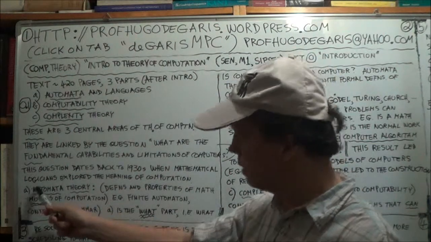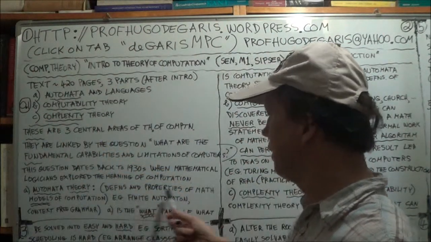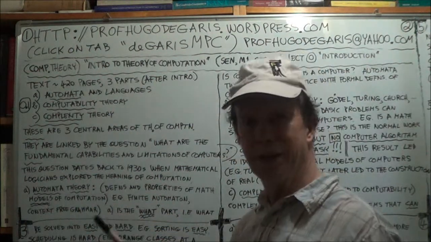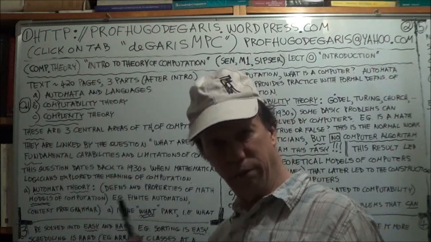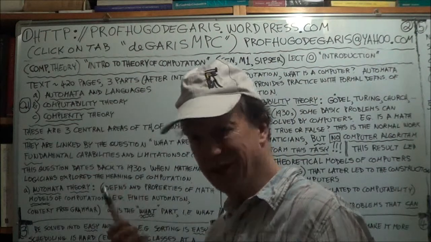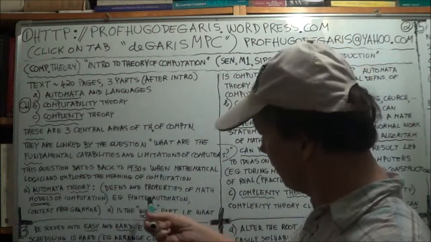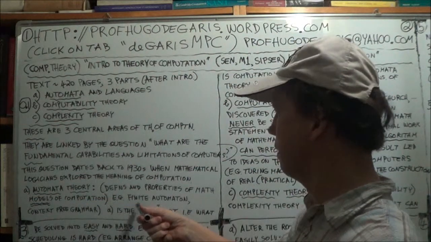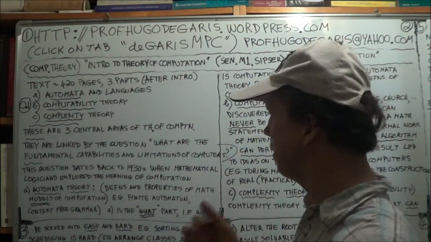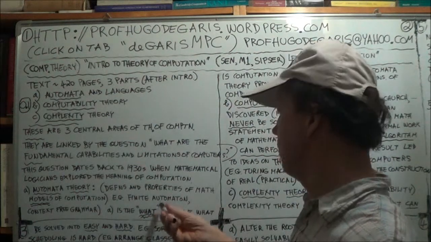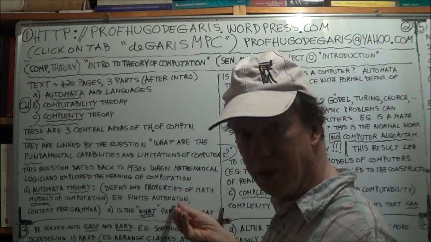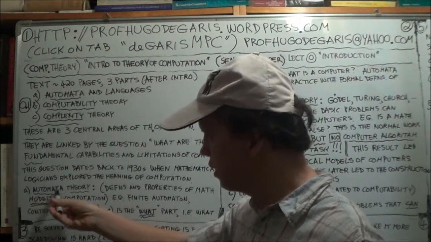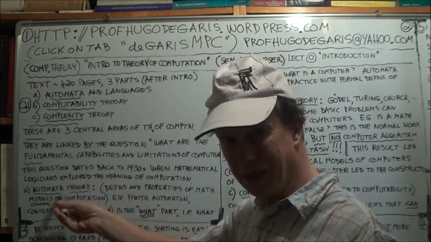So this part, automata, will define various kinds of automata, machines that compute in a vague sense. Here's one automaton type, the so-called finite automaton. The automaton is the singular, and the plural form is automata. Automaton, automata. Ta is the plural.